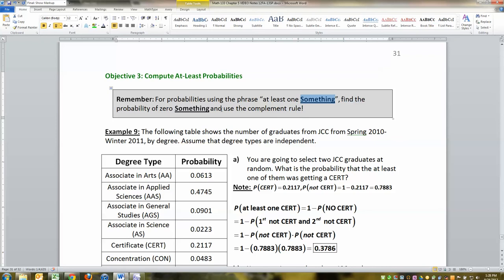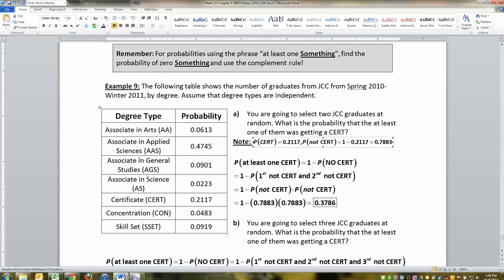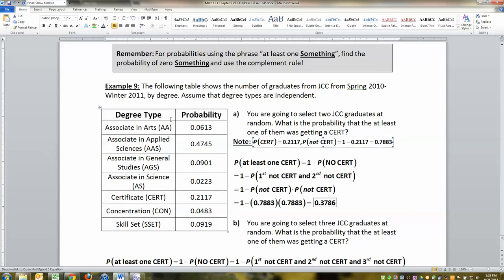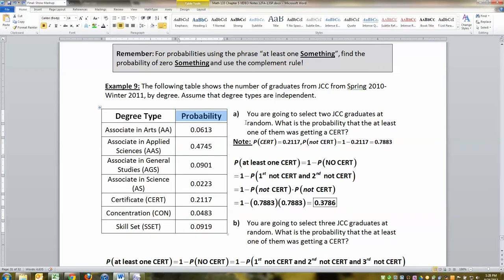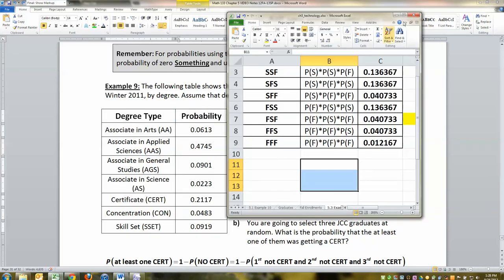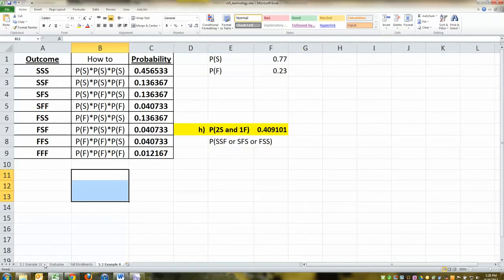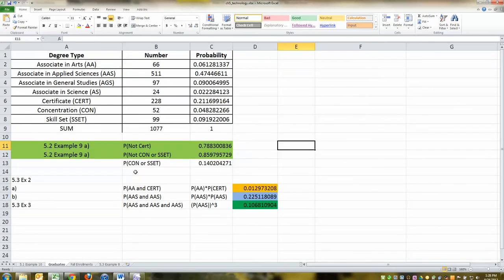Okay, so let's take a look at this. I have the associate's degrees and so on; we've seen these before, so nothing new. Now I want you to notice something. We've already found those associate's degrees graduates. The probability of not cert, we already found right here.